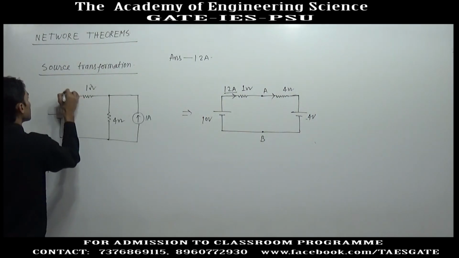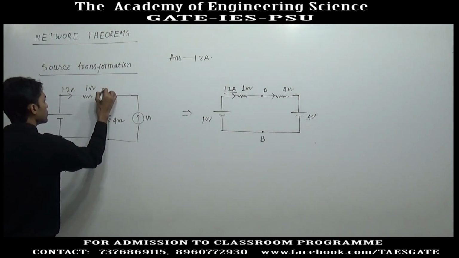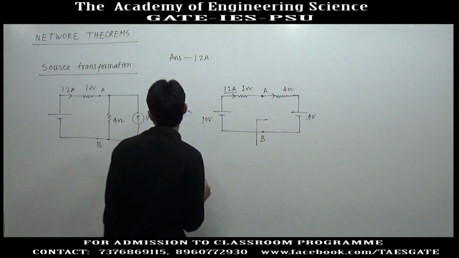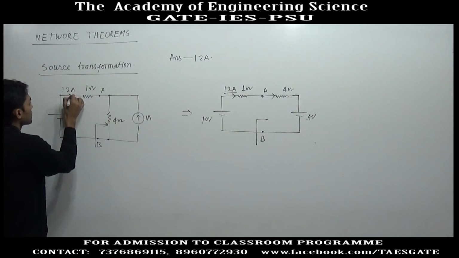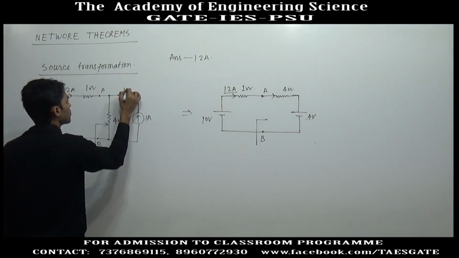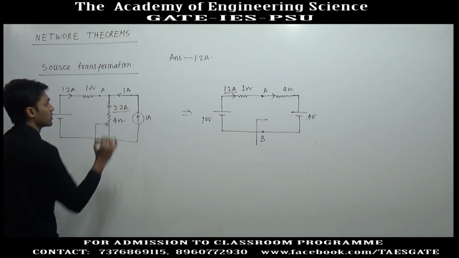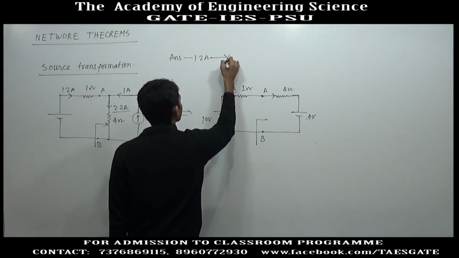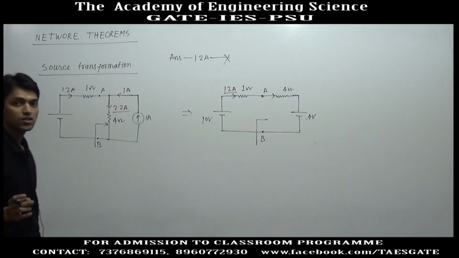Now, there we will have 1.2 ampere current, and these are points A and B. This part has been transformed, but this is a correct value, it is 1.2 ampere and this is 1 ampere. So here the current will be 2.2 ampere, as we calculated with the help of nodal analysis. So the earlier answer is wrong. I think now you would have understood what mistake you must not commit.